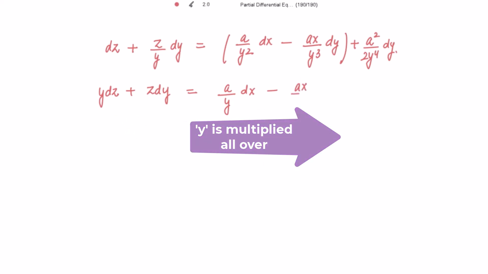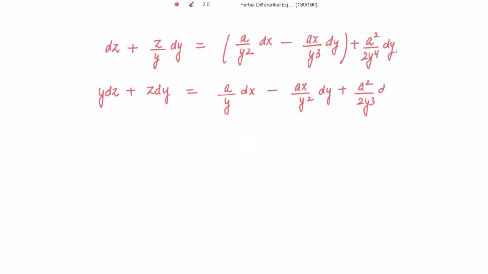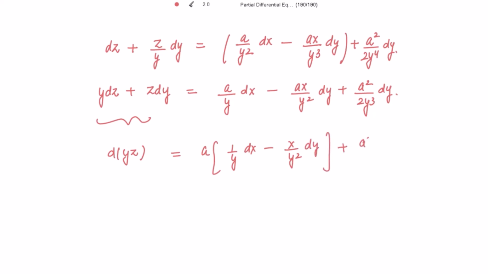So it is ax divided by y squared dy plus a squared divided by 2y cubed dy. How can I write this? y dz plus z dy, and if I take a outside, I get these two terms in the bracket, plus this a squared divided by 2y cubed dy.